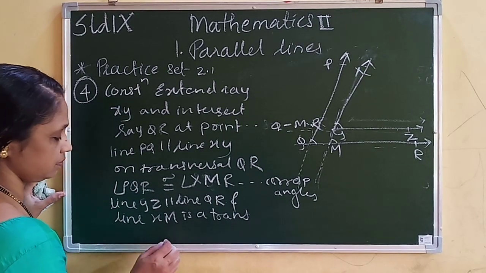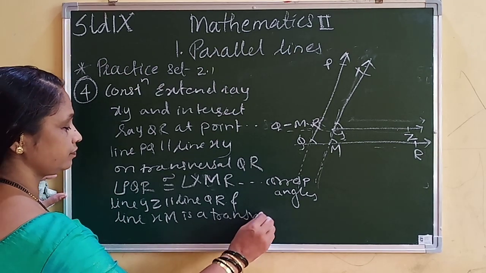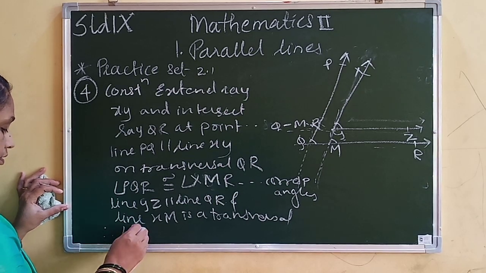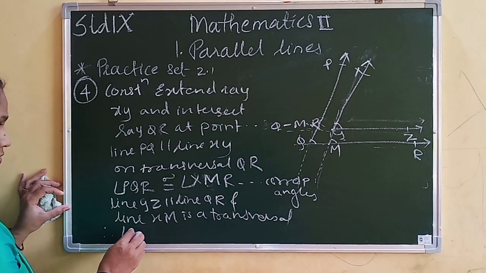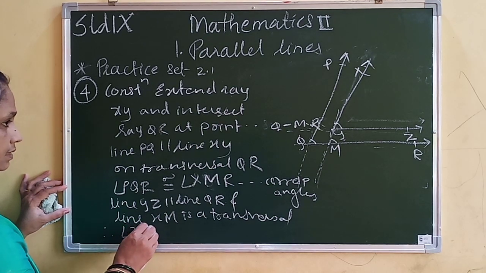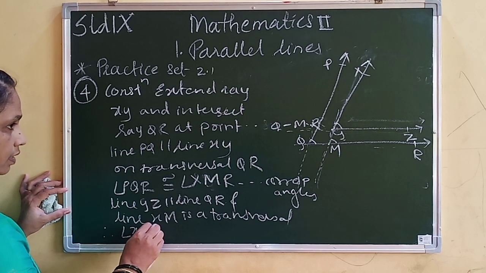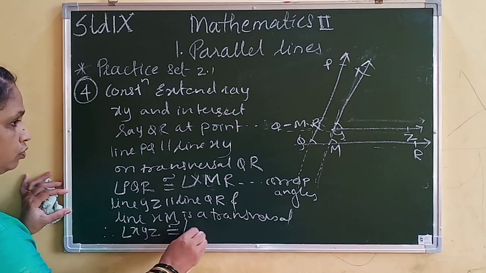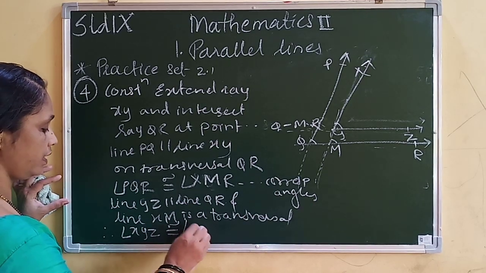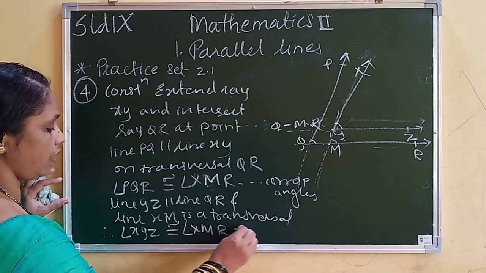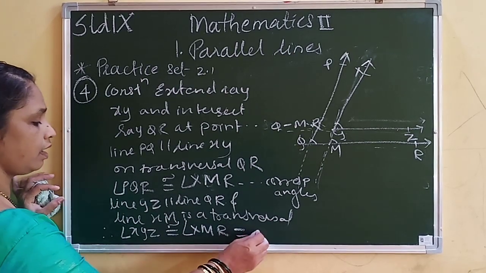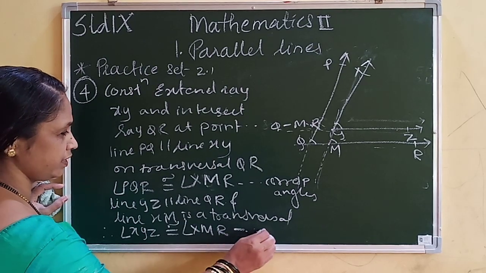Therefore angle XYZ is congruent to angle XMR, corresponding angles.